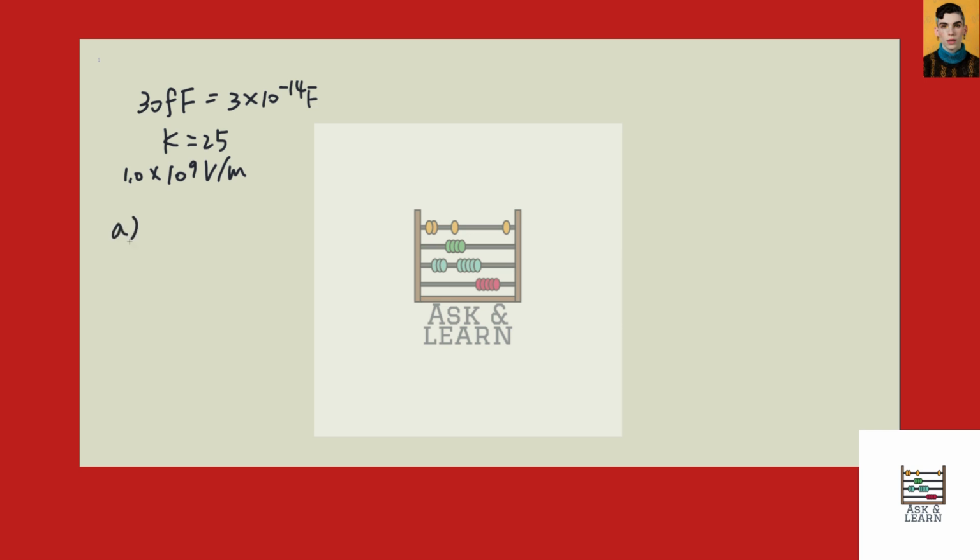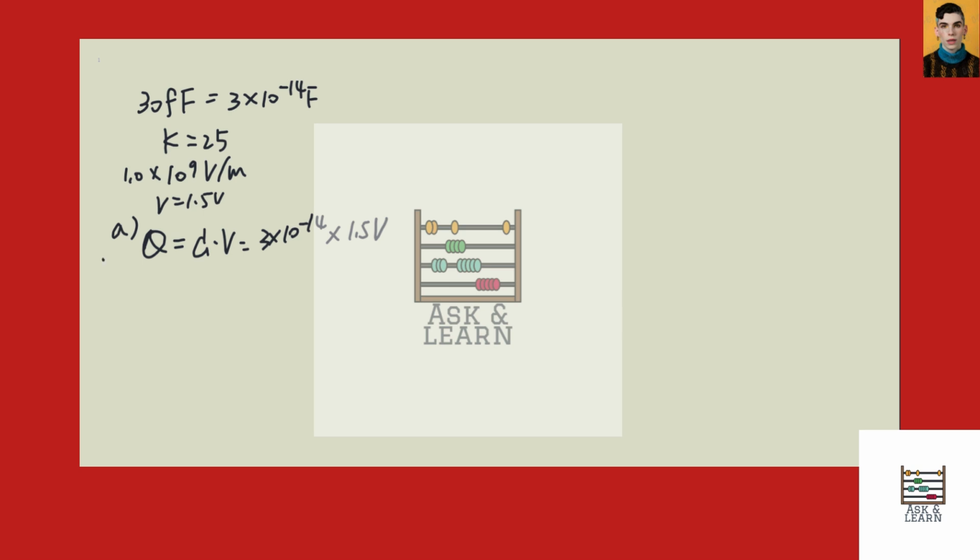So if V equals 1.5 volt, we want to know how many electrons. So let's first find out the amount of charge on it. The total amount of charge is capacitance times voltage. Okay, so the capacitance we already know. It's this tiny thing, 3 times 10 to the negative 14, times voltage, 1.5 volt.